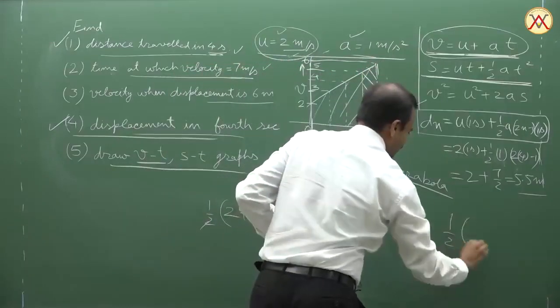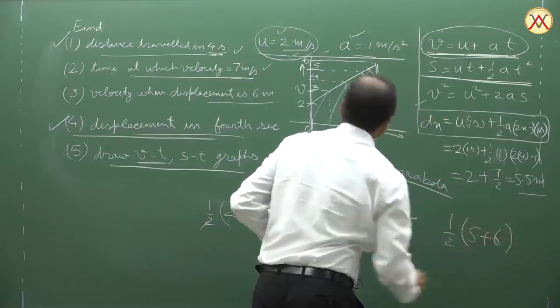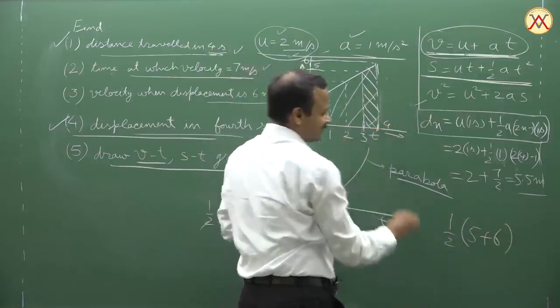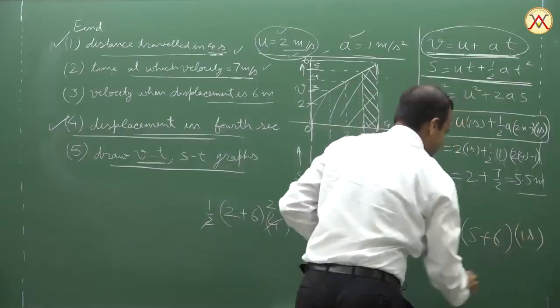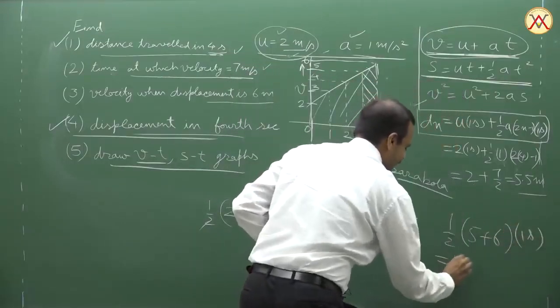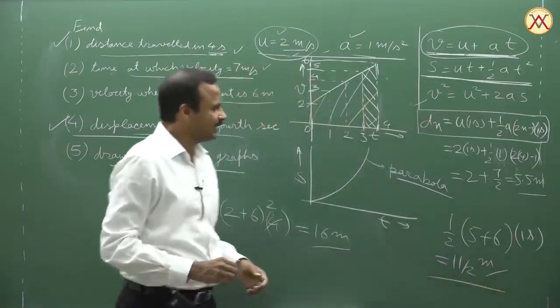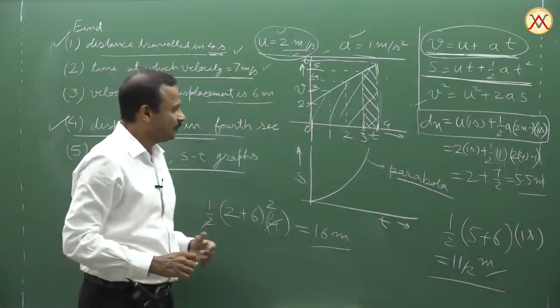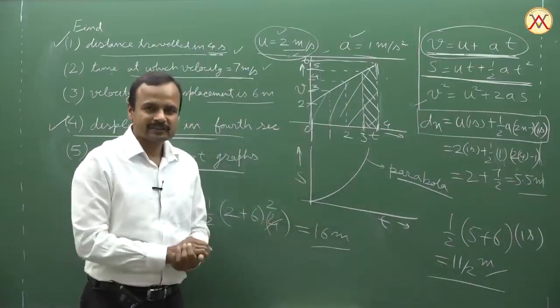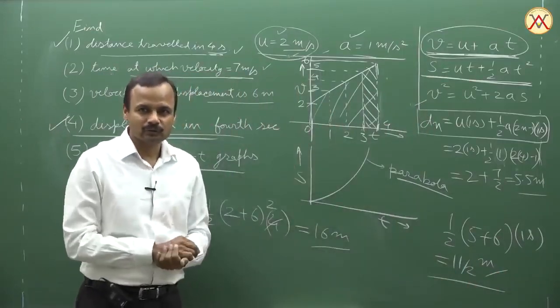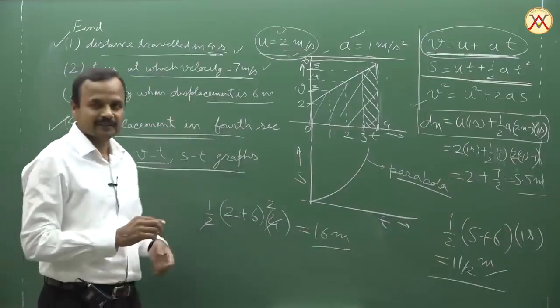So half of 5 plus 6 multiplied by the width, which is 1 second. So this gives you 11 by 2 meters, which was indeed the answer of 4th part of the problem. So plotting graphs can also be used for solving some questions.